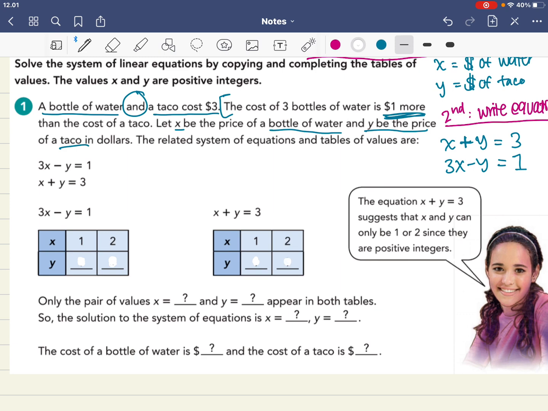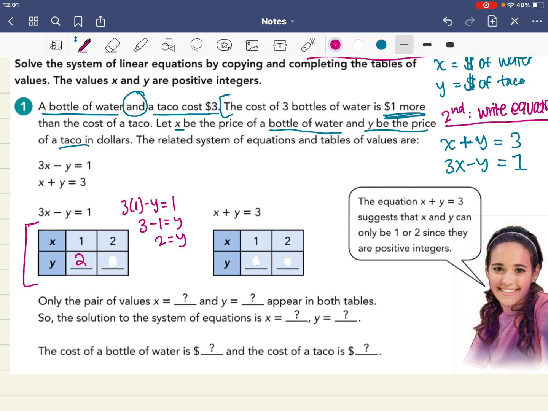So for the first equation, it asked 3x minus y equals 1, right? So I would suggest just set up a table like this, and then list x on the top and y on the bottom, and just start plugging in x values, right? So if we say x equals 1, and then we solve for y, then y is 2.